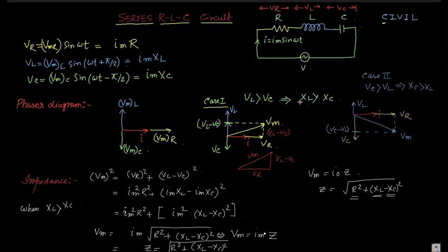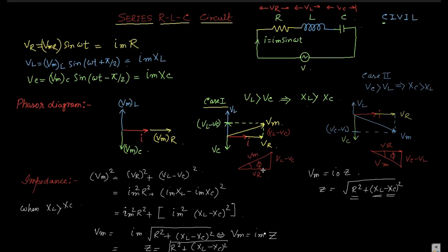So if this is VR, this is VL and VC, and for the other case, if this is VR and this is VC minus VL, then it becomes Z. Another way to consider it: if this is VR, then this is VC minus VL, and this becomes the VM, and the angle between them is phi, the phase angle.